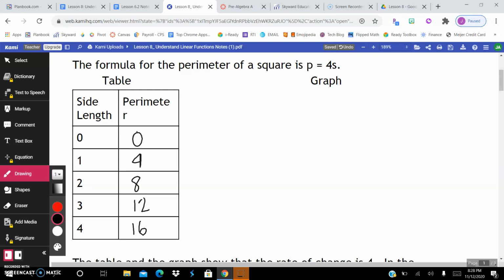And then we are asked to graph that. So everything is positive, so I'm just going to put the first quadrant of a graph here. Our first thing listed, remember, is our x's, and the second is our y. So we have to go up to 4 on our x-axis, and we have to go to 16 on our y. So I'm going to go by 2's.